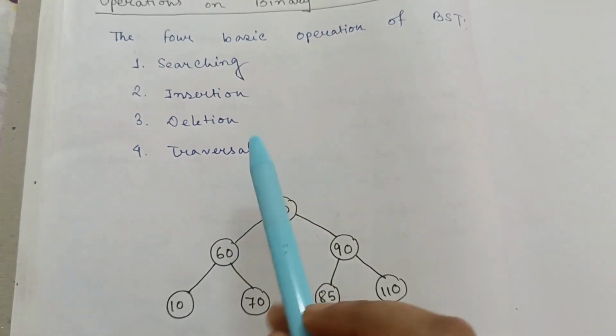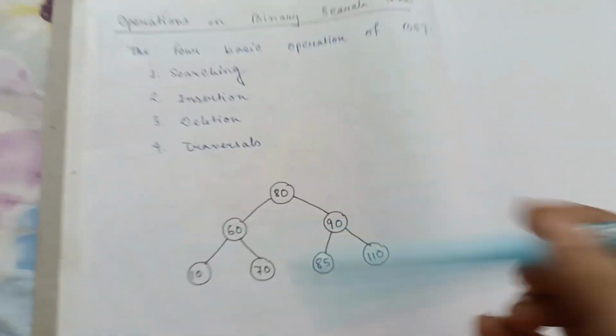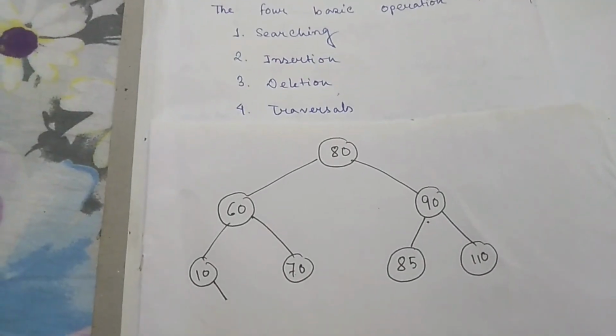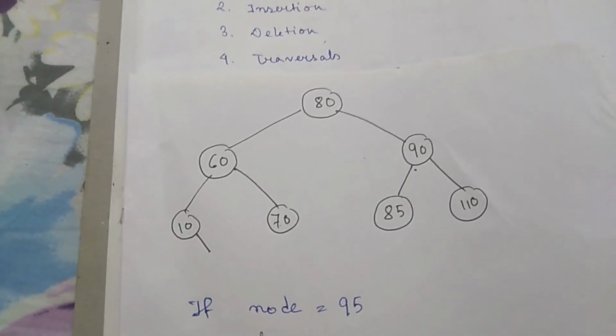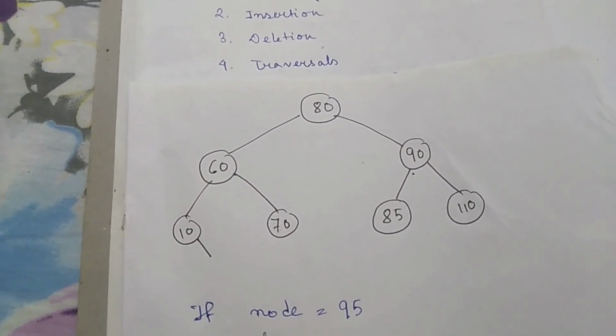Now the second operation, the insertion operation. If we insert a node 95, what is the position of 95?